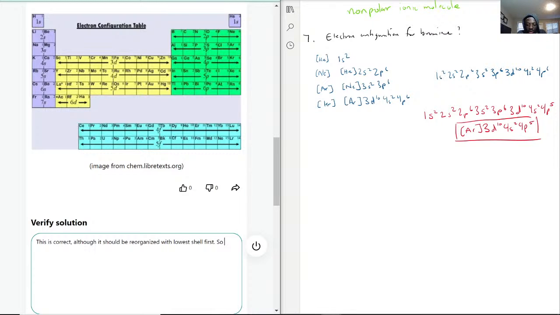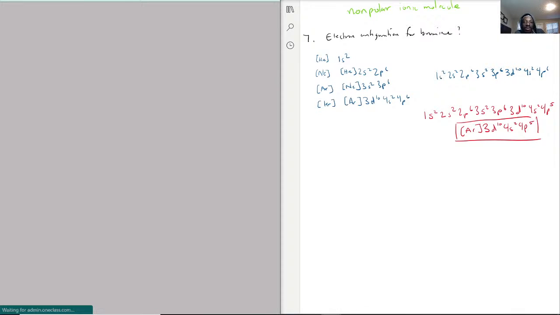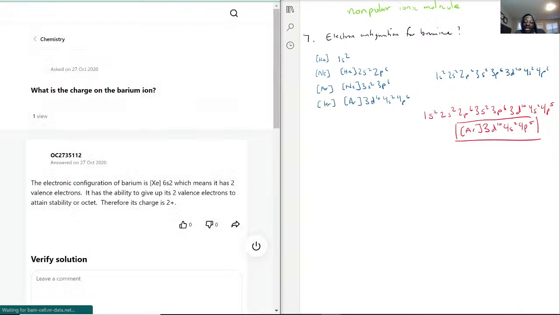So it's going to be argon 3d10 4s2 4p6. The reason why I keep emphasizing that is because some chemistry professors and teachers can be very specific about what they want, and you could lose marks if you have it in the wrong order.